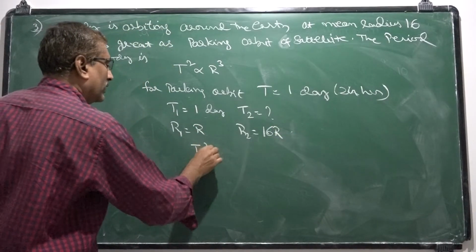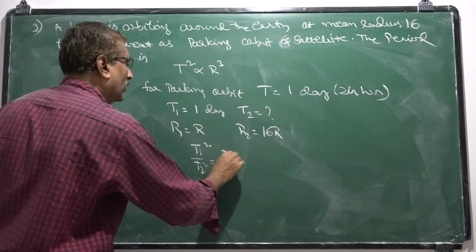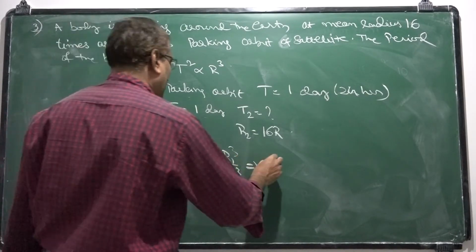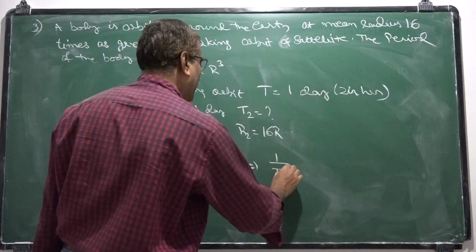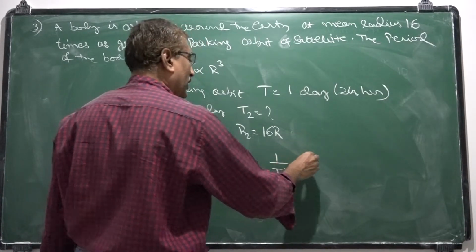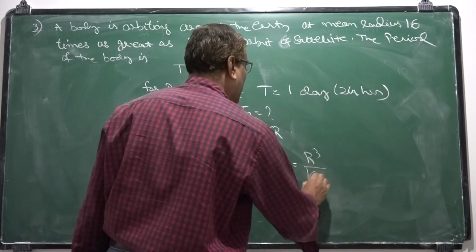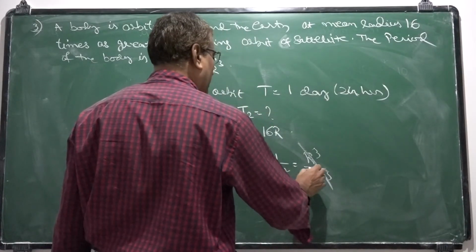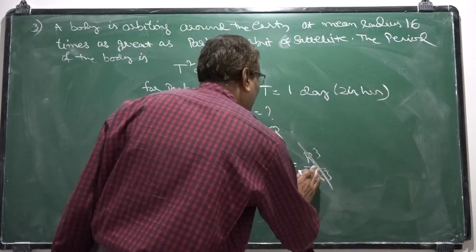Now T1 square by T2 square is equal to R1 cube by R2 cube. This implies 1 divided by T2 square is equal to R cube by 16R whole cube.